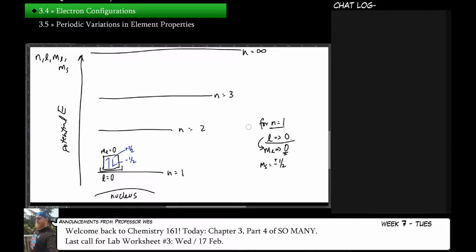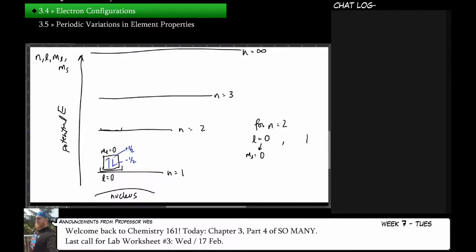All right, let's make the diagram for n equals 2. Same thing for l equals 0: m sub l is just 0, no problem there.